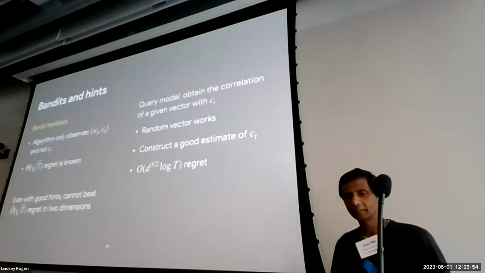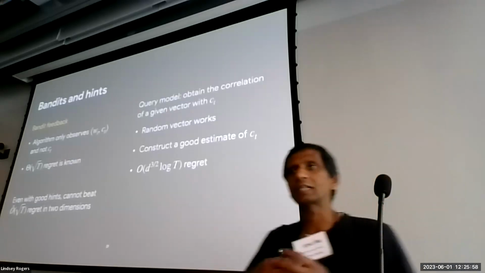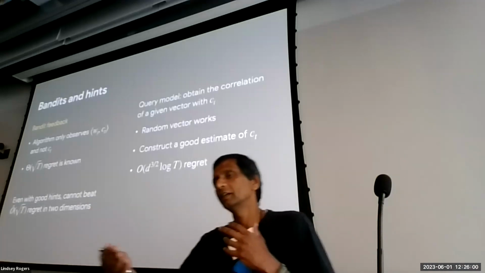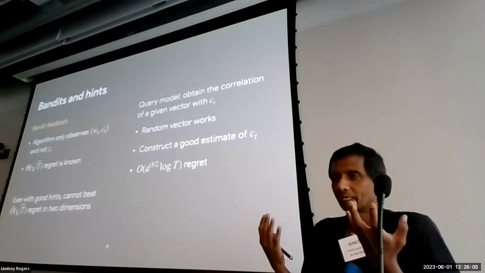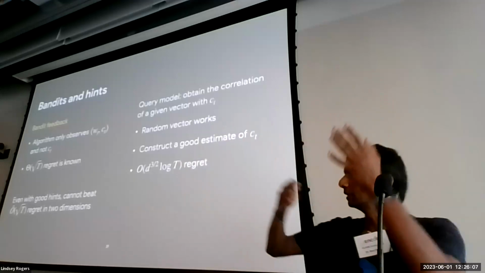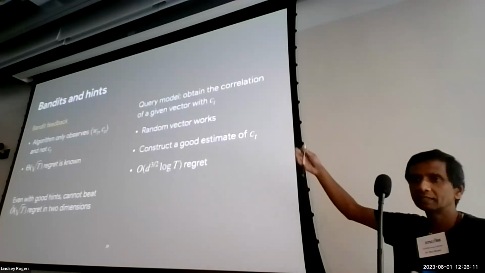On the positive side, you can enhance the model. Instead of a hint, the algorithm can query the oracle. It can pick any vector it wants and ask for the correlation of that vector with the unknown cost c_t, and get an estimate of that.